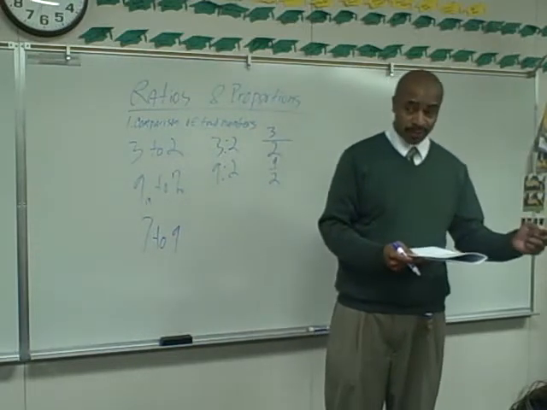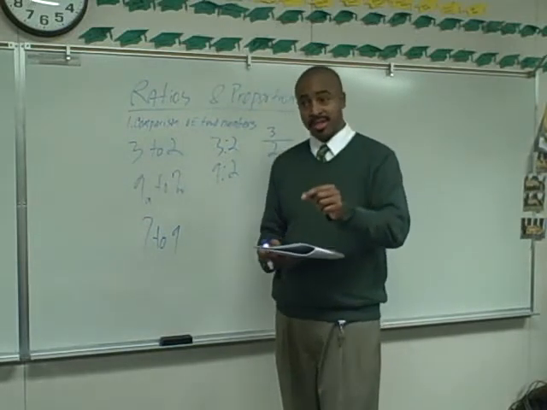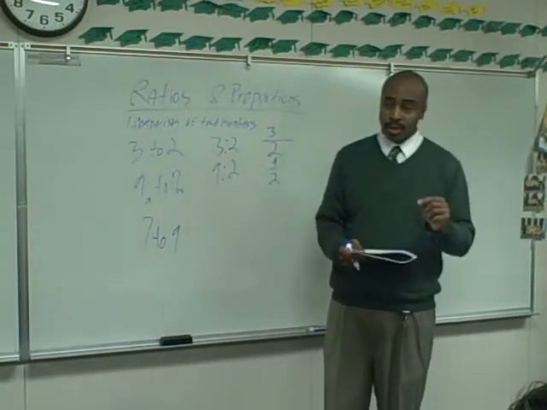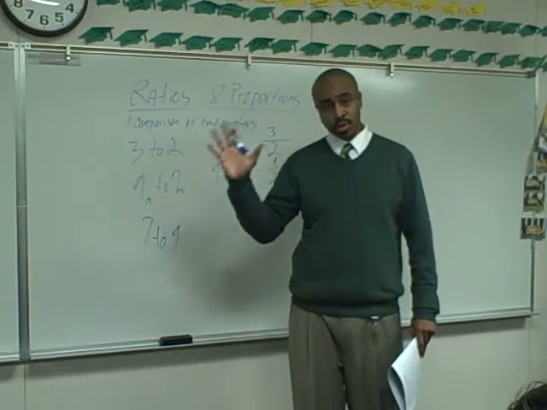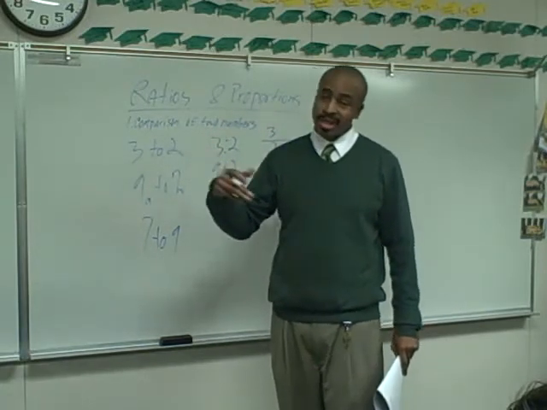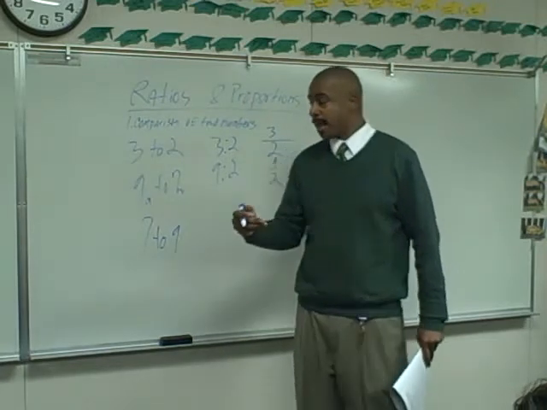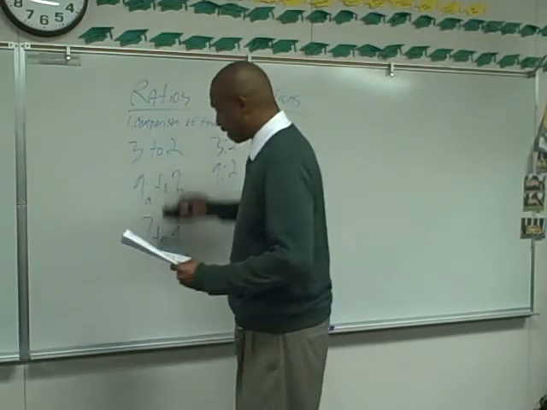So they've given us the information chickens to cows, but the question is cows to chickens. When you're comparing 2 numbers, it's very important to order. And the order you follow is the order that's in the question. So it doesn't matter how they give you the information in the description. It matters how they ask you about the information in the question.